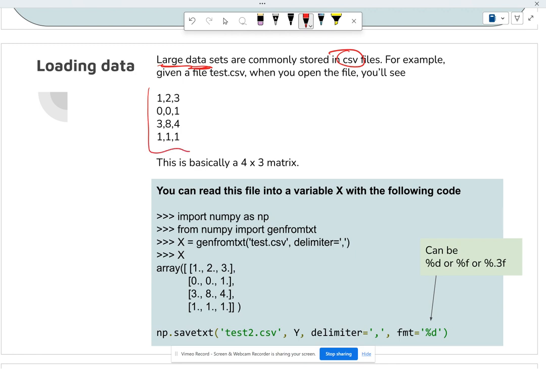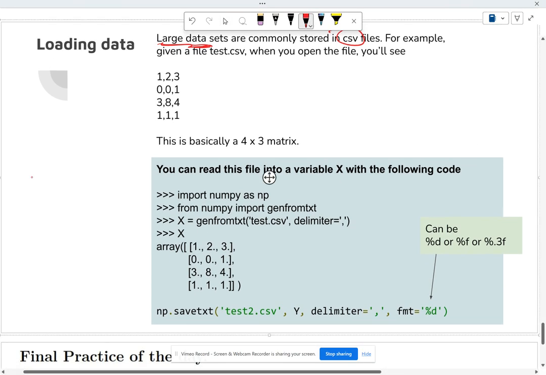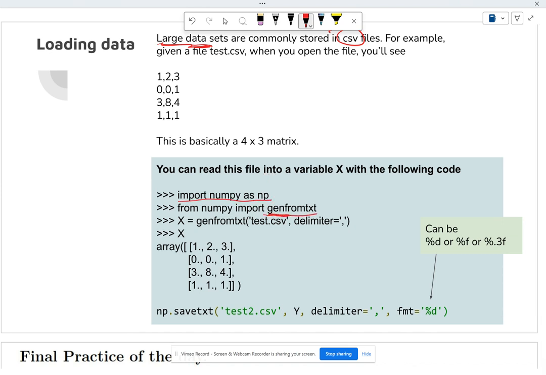So the file actually looks like this. You have three numbers separated by commas, and this is the most common way you'll probably see it. The way you can load the file is you import NumPy, and you import this thing called genfromtxt.